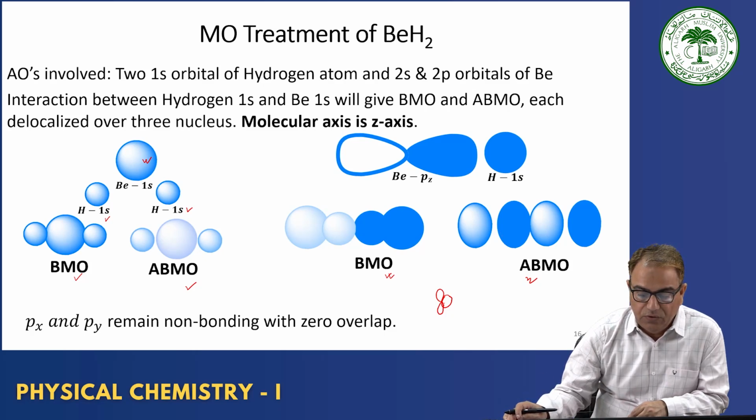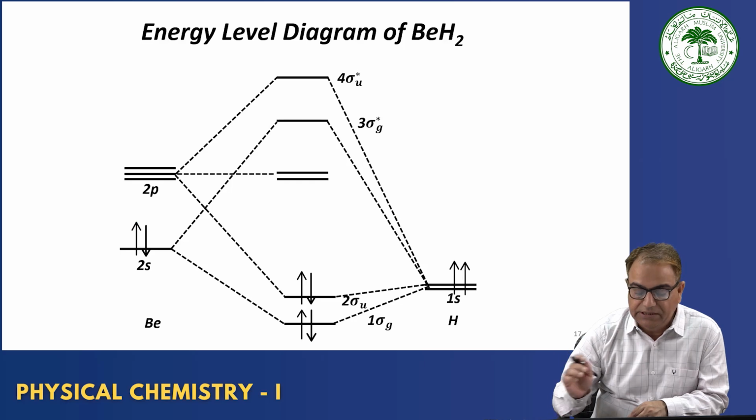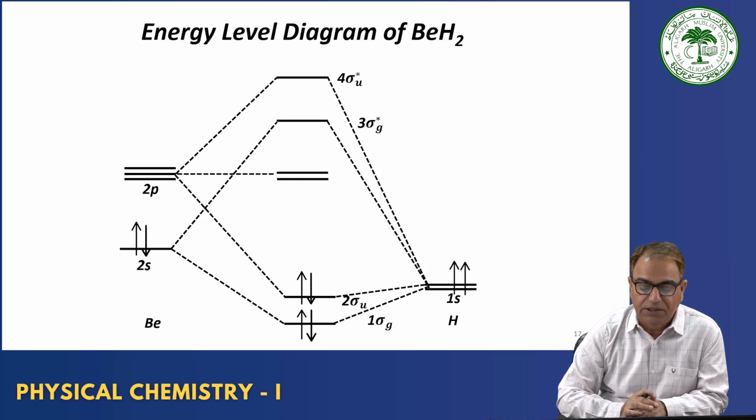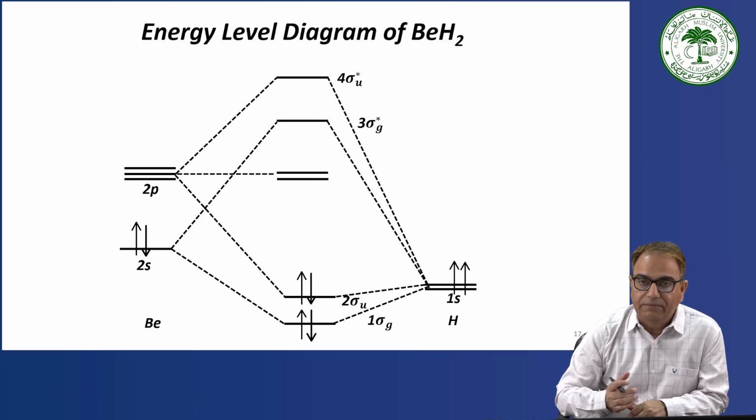So the energy level diagram is like this for the BeH2 molecule. Each hydrogen atom will contribute 1 electron, and beryllium 2 electrons, so the total will be 4 electrons. All 4 electrons will remain in the sigma bonding molecular orbitals, and this will give you the BeH2 molecule.